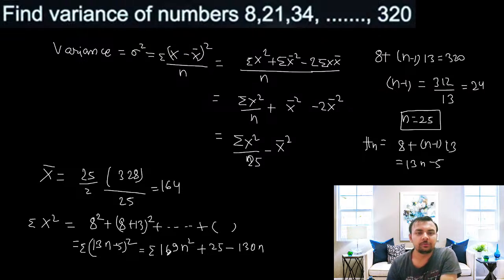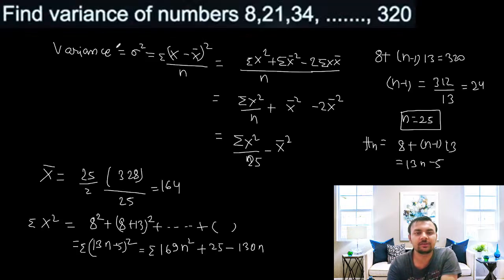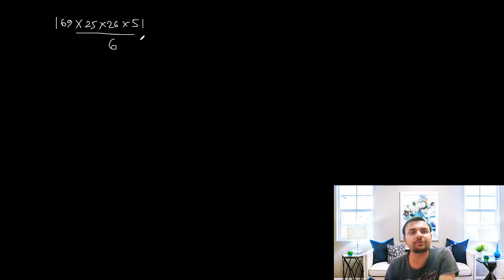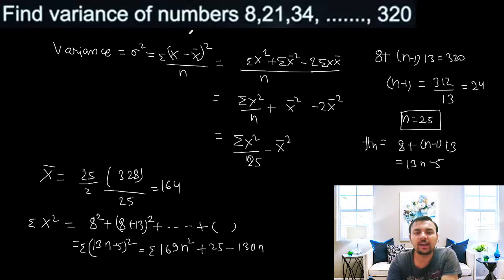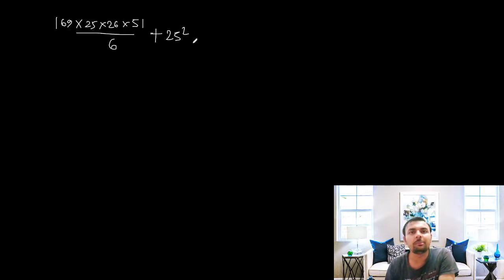So we'll have this summation. Now we'll try to find this value in the next PPT, which is 169 summation of n square, n into n plus 1 into 2n plus 1 by 6, and the other is 25 n, and the other is minus 130 into n into n plus 1 by 2.